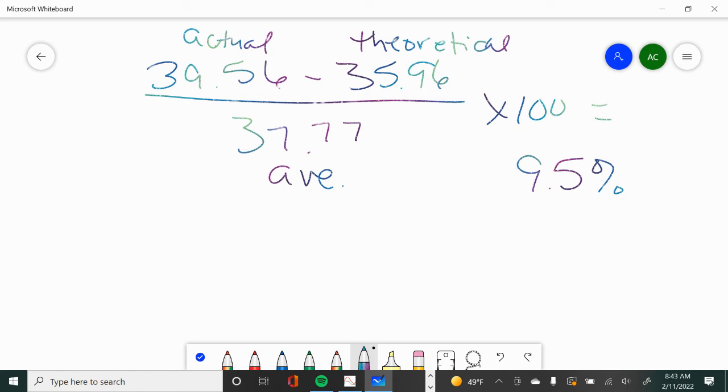Percent difference? I think it's over the average. There's a percent error and there's a percent difference, and I think they're not the same thing. I think what you're determining is the percent error, and I want the percent difference. So percent difference was subtract them and divide by the average.